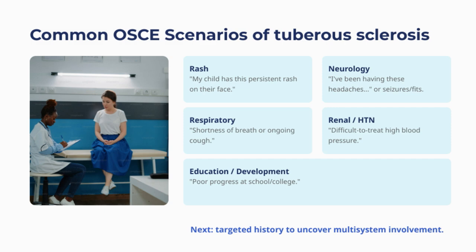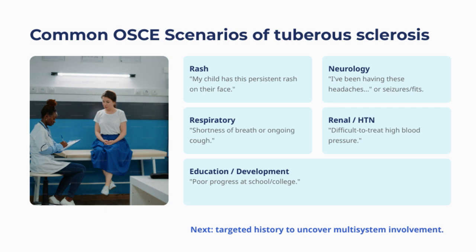When it comes to respiratory symptoms, watch for shortness of breath or an ongoing cough, which might indicate pulmonary issues associated with tuberous sclerosis. In neurology, patients may report headaches, seizures, or fits, all of which suggest neurological involvement. And don't forget skin findings, such as a persistent rash on the face. These can be important clues as well.